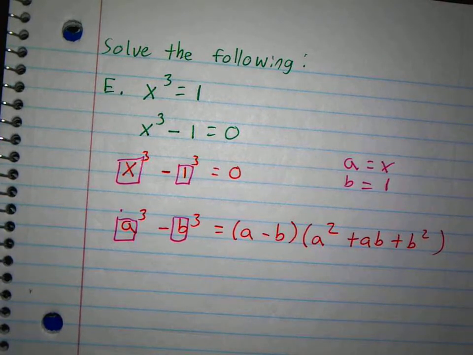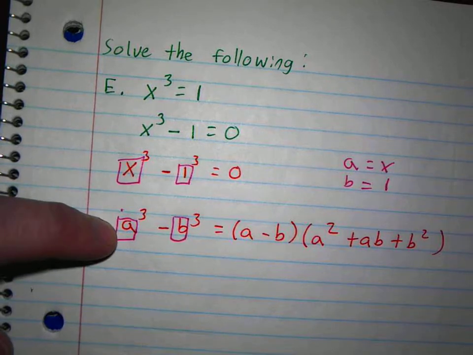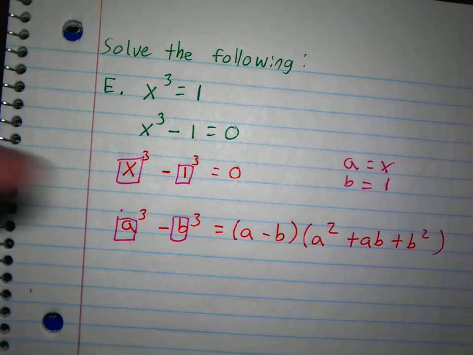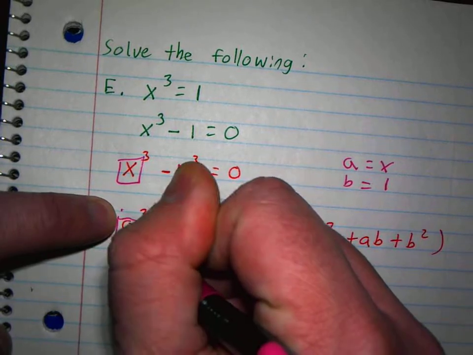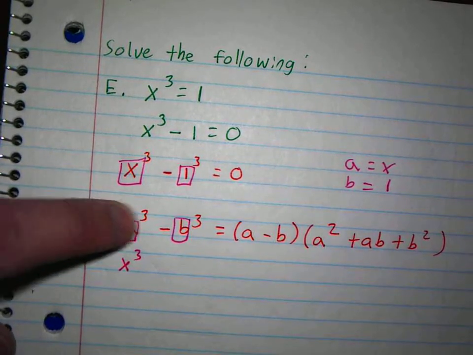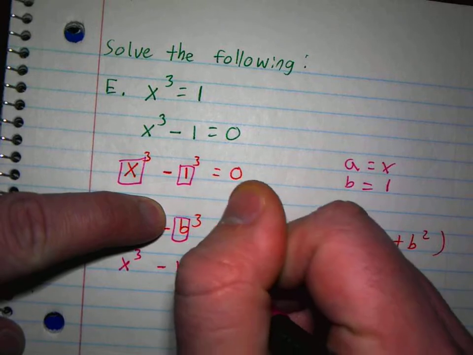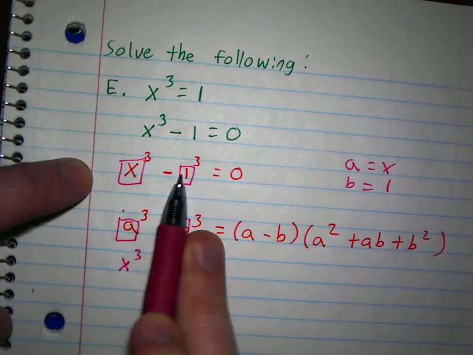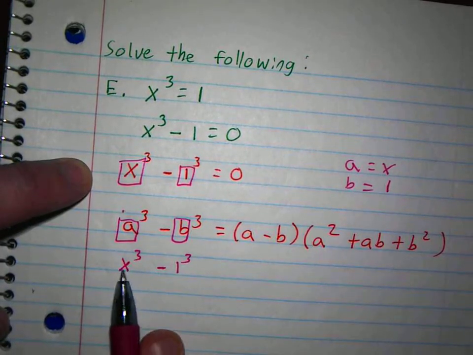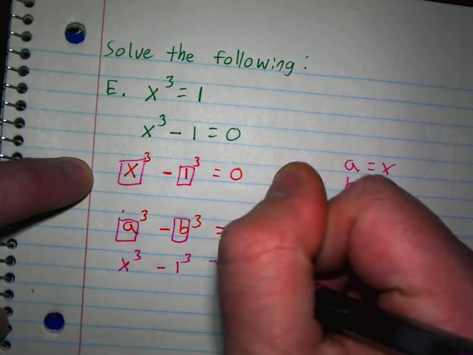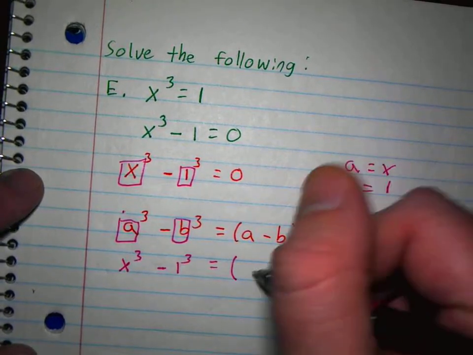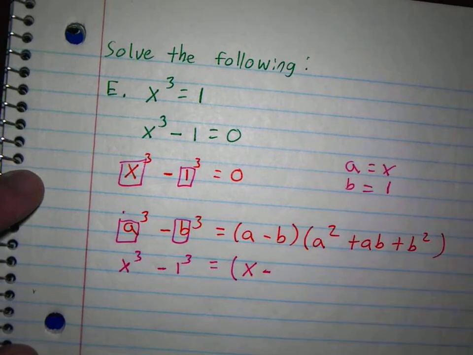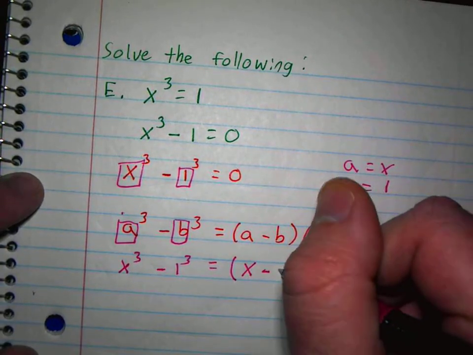So what I'm going to do is go through and replace A with X and B with 1. So I'd get X cubed, because A is X, minus 1 cubed, which is what we want to factor. So to factor this, that equals, what's A? X minus, what's B? 1.